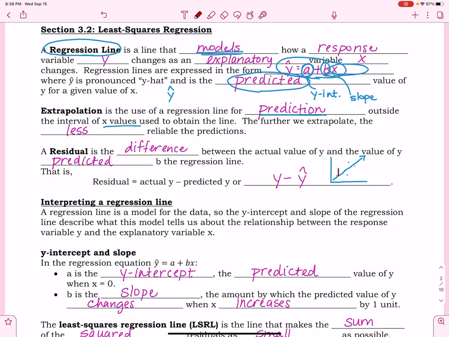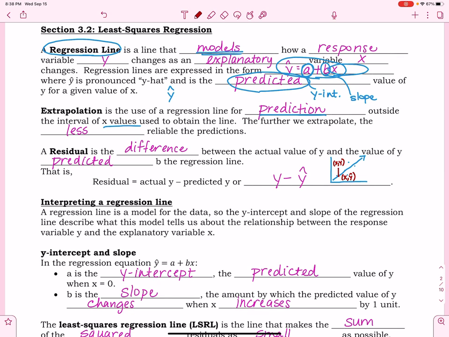So I want you to notice something. This ordered pair here in my data is x, y, and it has a value that corresponds to it because it's the same x value, since they're vertically lined up. But the y value is y hat because it is the predicted y.